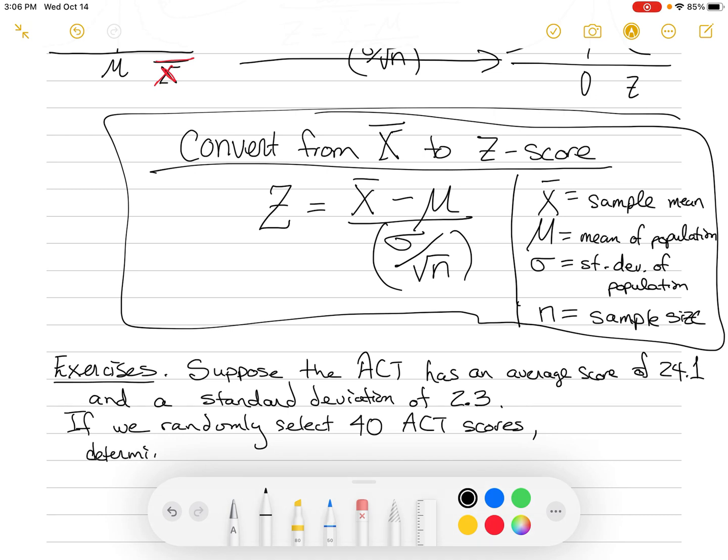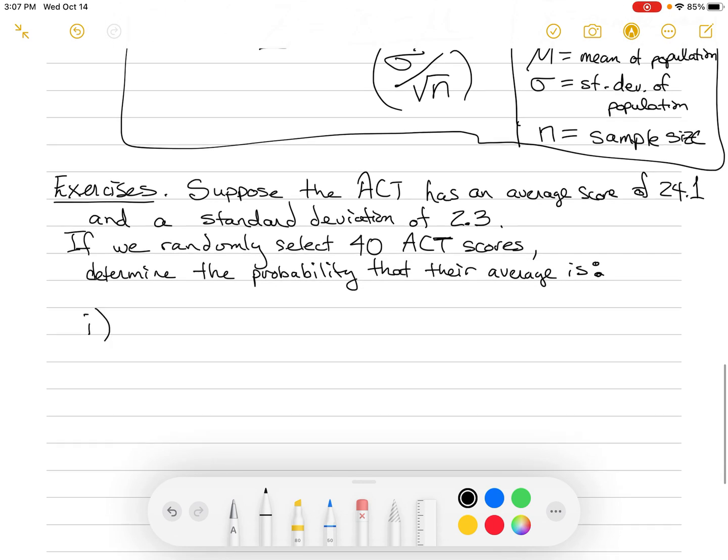Determine the probability that their average, that's the sample's average, right? We're taking a sample of size 40, and we want to find the probability that the sample's average, their average, is, number one, less than 24. So what's the probability that their average is less than 24?